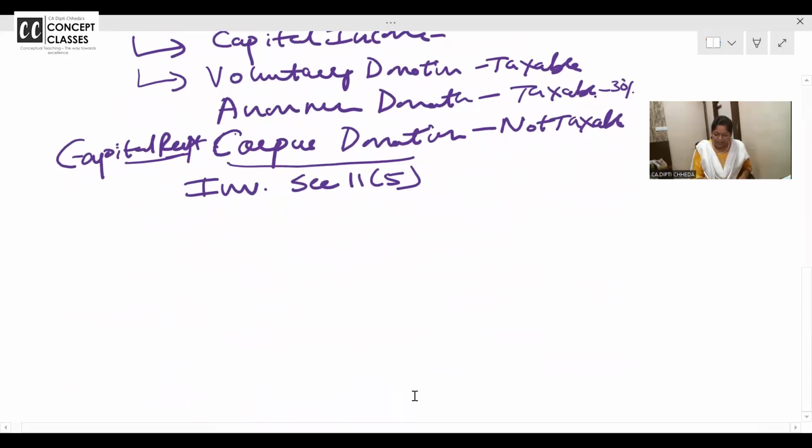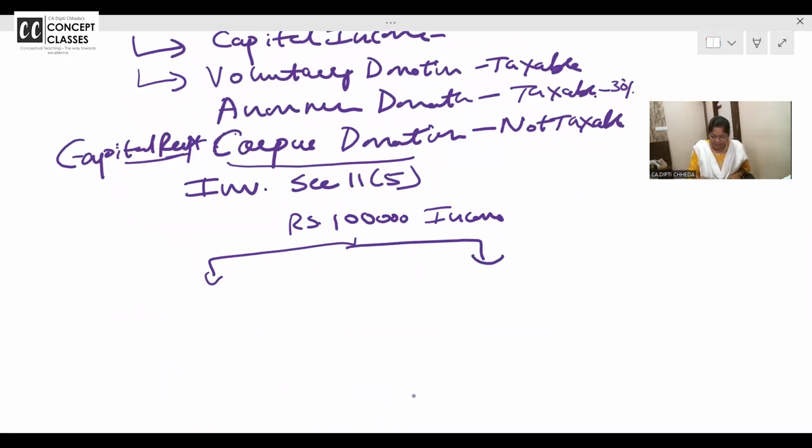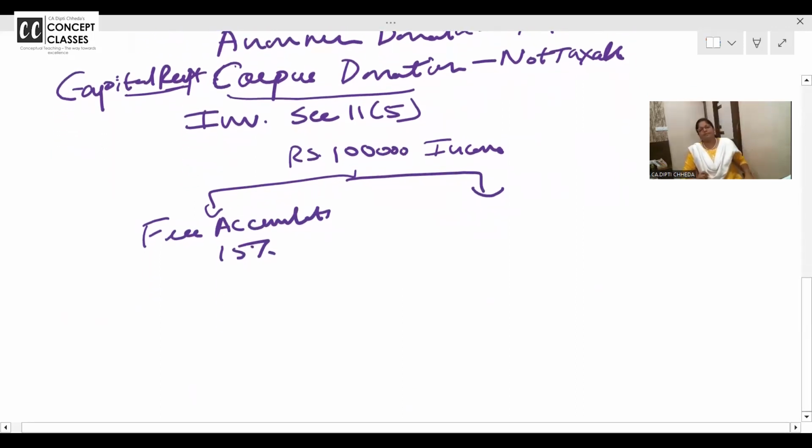Now, the trust gets exemption. Say the trust has earned rupees 1 lakh as income, gross receipts minus the admin expenses and all. Then the trust has a rule that they can freely accumulate 15% of their income.